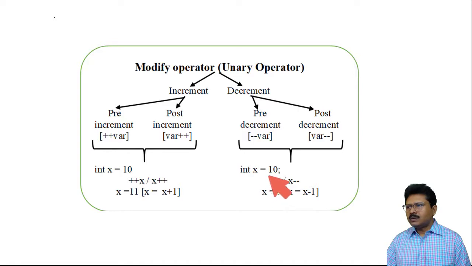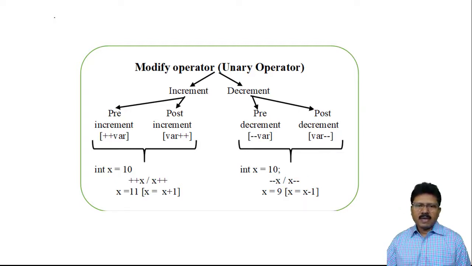So when --x or x-- is executed, the value of x will be 10 minus 1, that is 9. For pre-increment or post-increment, the value of the variable is incremented by 1. For pre-decrement and post-decrement, the value of the variable is decremented by 1.